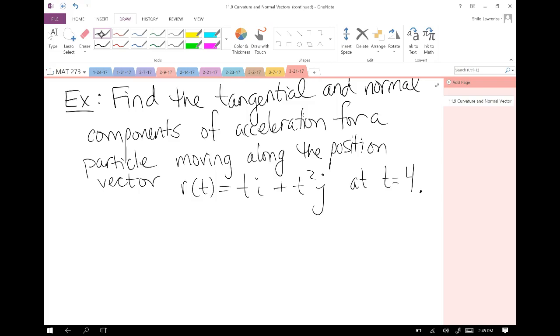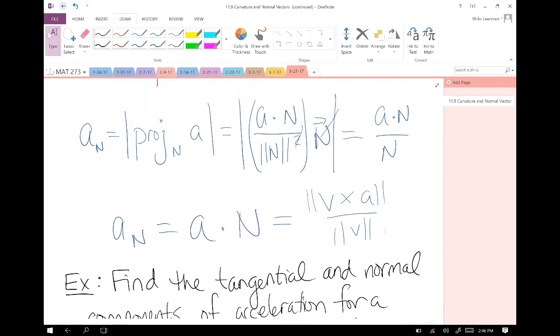Another option you have is that these three values should form a right triangle. So you could use the Pythagorean theorem as well.